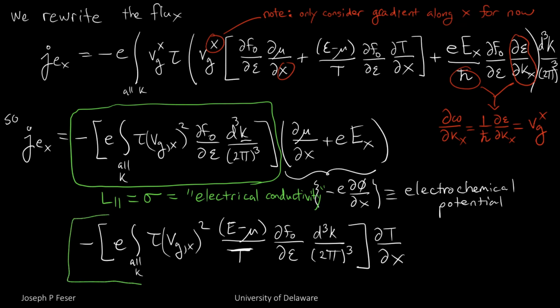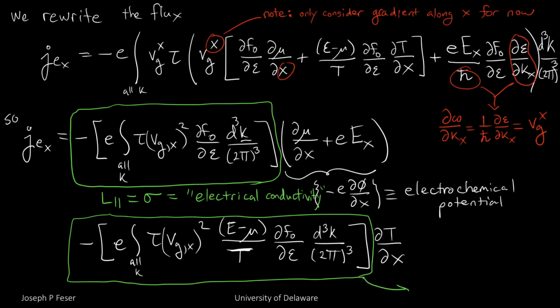It is possible to derive charge transport using temperature gradients, and that doesn't have a name, but in physics there's a matrix, and one of the matrix components is called L12, which is essentially a coefficient that describes how much charge transport you get for a given amount of temperature gradient.